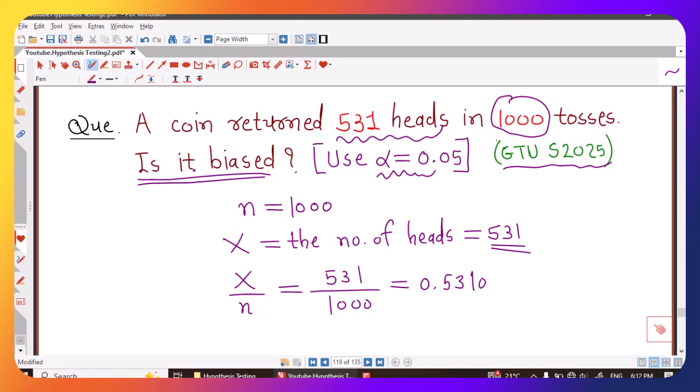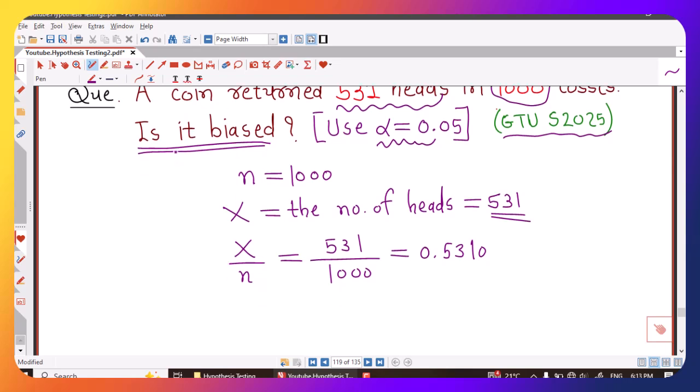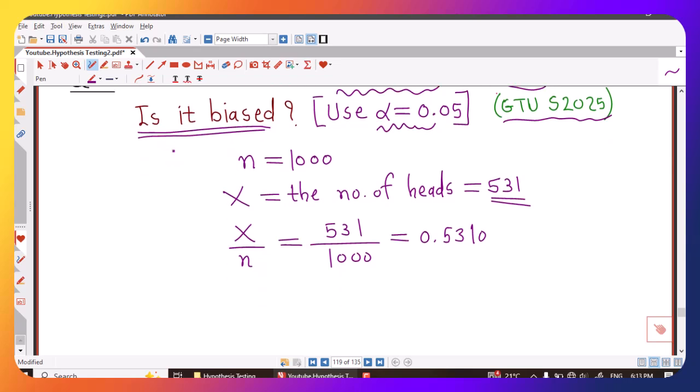So this is the problem related to hypothesis testing for population proportion, and we know that if the coin is unbiased, then we have equal chances of occurrence of head and tail. So if we consider small p equal to 0.50, that is 1 by 2, then this gives the probability of head if the coin is unbiased.